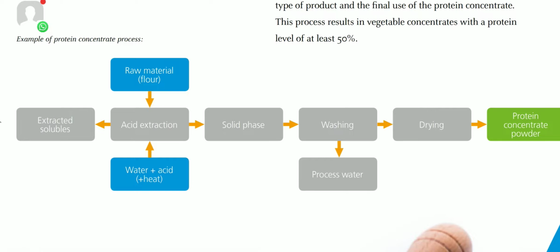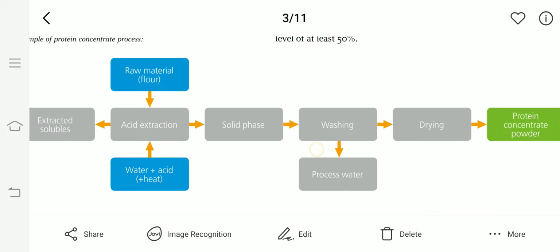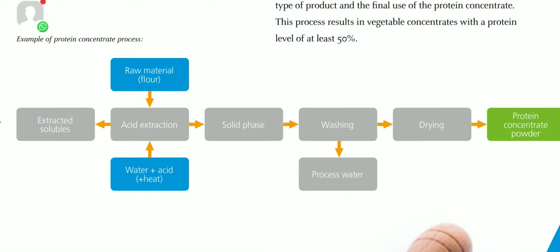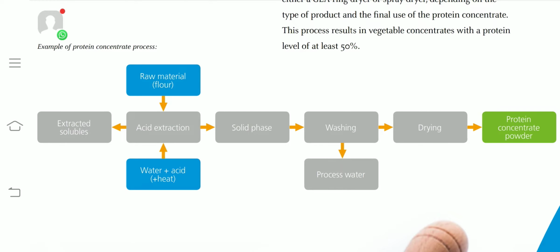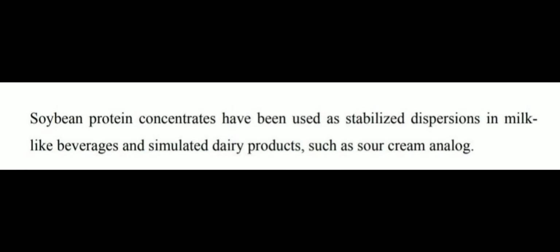So first, if raw material is flour, the acid extraction will be there with the help of water plus acid plus heat. And if extracted soluble is there, the solid phase, the dried part, then washing will be there, process water will wash, then drying, then protein concentrate powder will be there. So we have understood that.